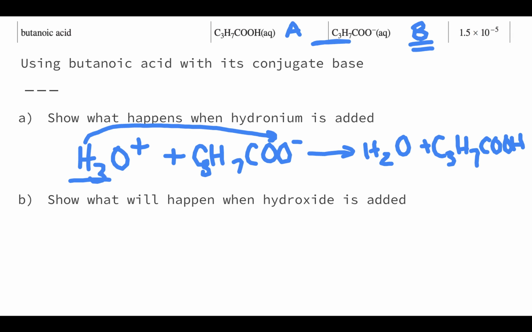How it would work if you added the hydroxide instead: rather than being added to the base part of the buffer system, it would react with the acid part of the buffer system.